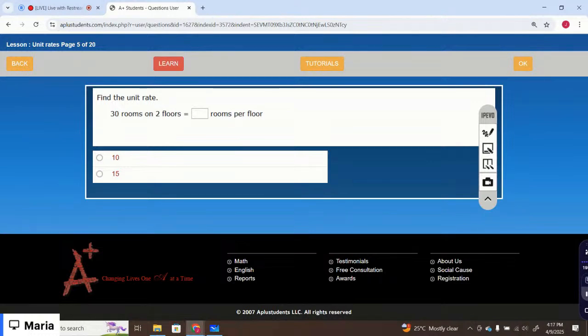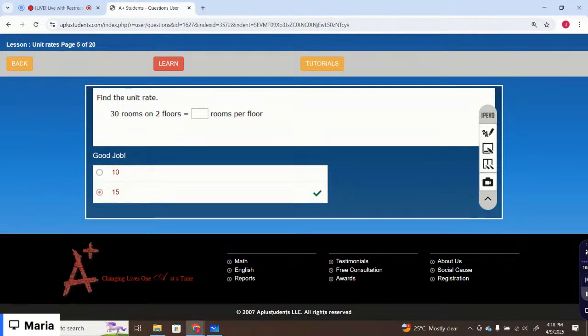Find the unit rate. 30 rooms on 2 floors. That is 15 rooms per floor. Option number two is the correct option.